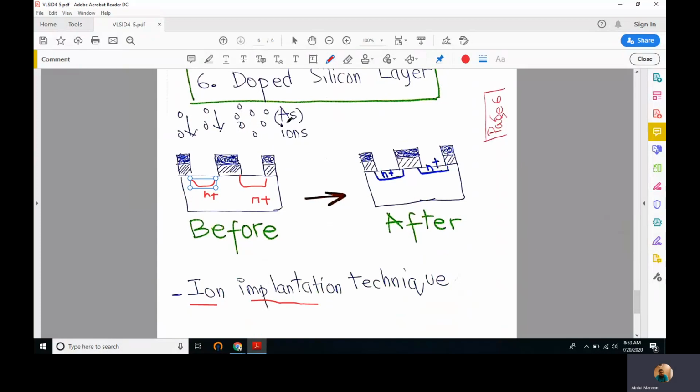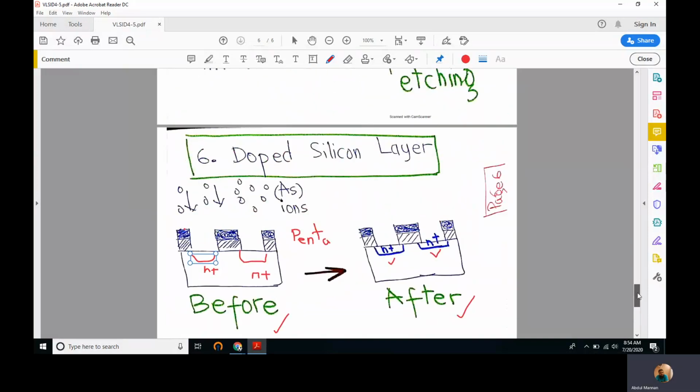We will bombard arsenic or antimony ions, which are pentavalent impurities, on top of this material. They cannot pass through these hardened layers. They only pass through the exposed portions, forming n plus and n plus. So this is before, and this is after we have done it.